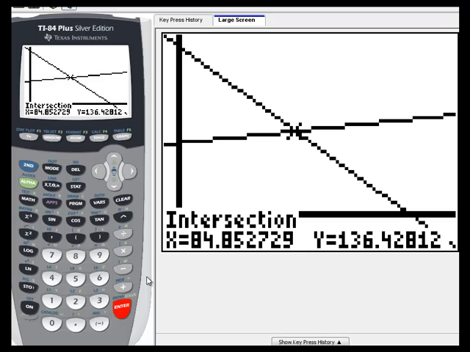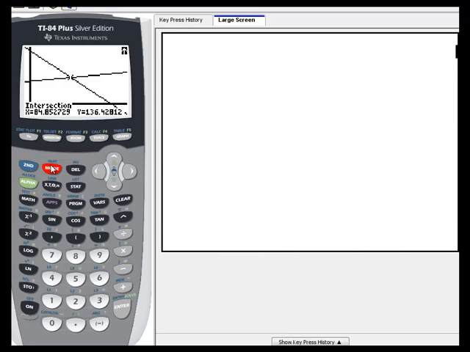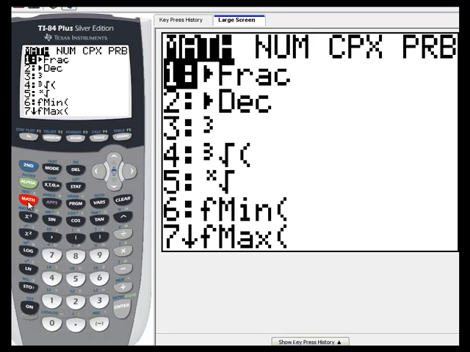The question, part B here, wants us to try to provide exact answers if we can. Let's try that. Let's go back to the home screen, second quit, and let's take x and try to convert it to a rational number, or a fraction form of the rational number, and this is number 1.